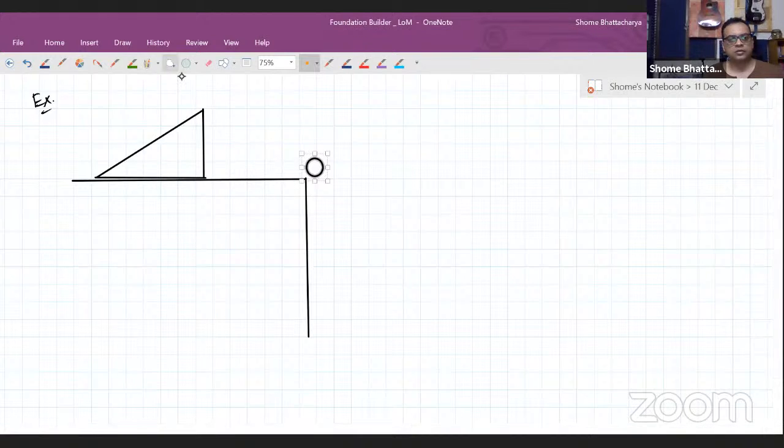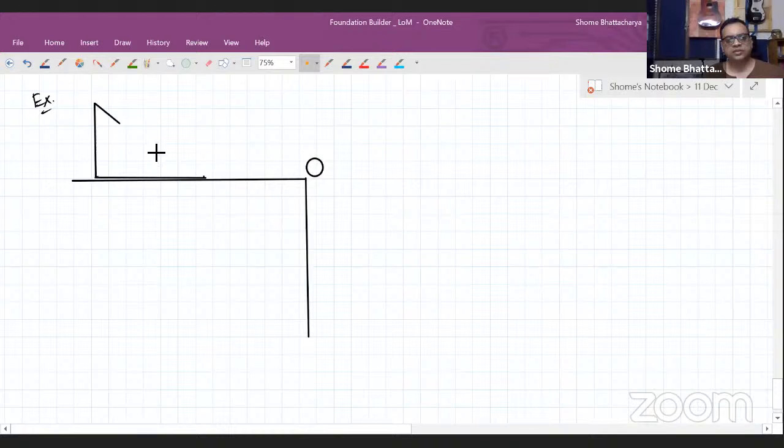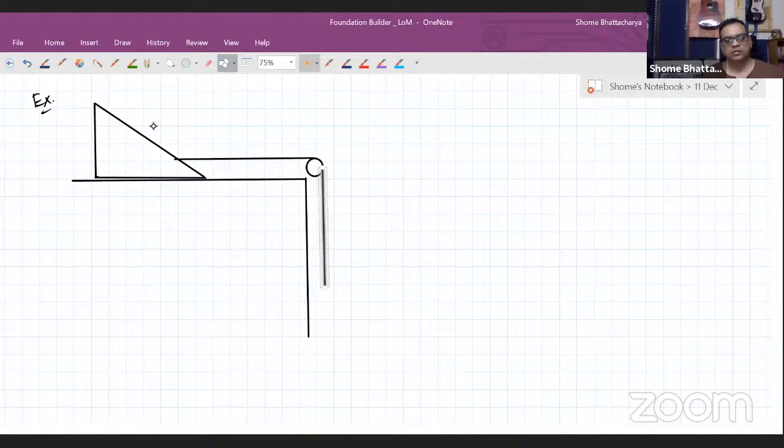The wedge is placed with this kind of orientation, connected by a thread going around a pulley like this now, with another block connected here.